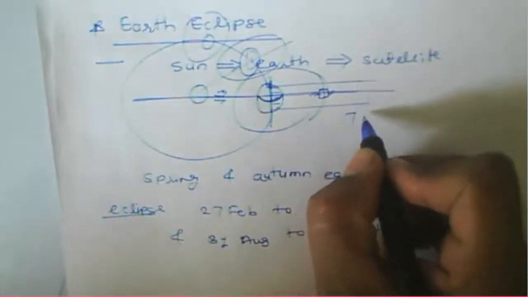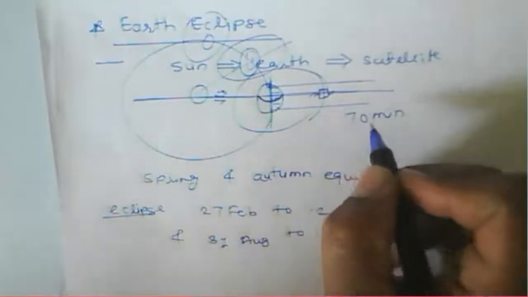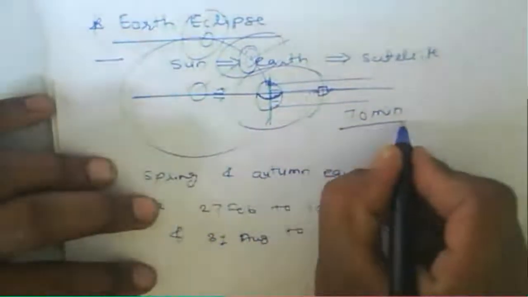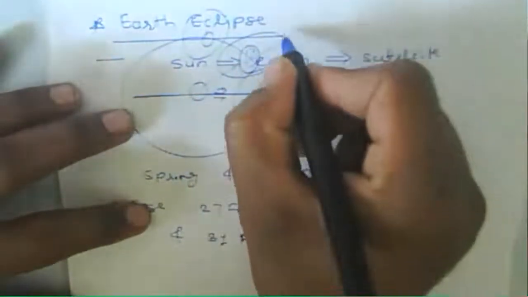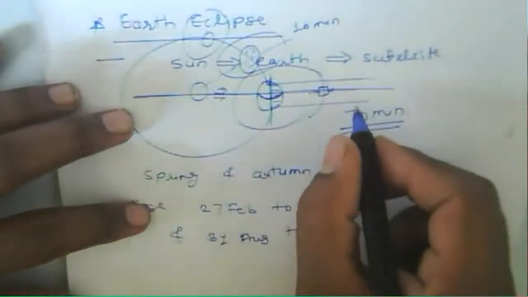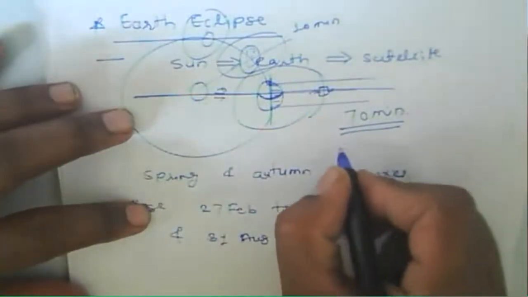Generally, for one particular orbit we consider about 60 to 70 minutes of eclipse. But at this particular place the maximum eclipse is around 10 minutes.